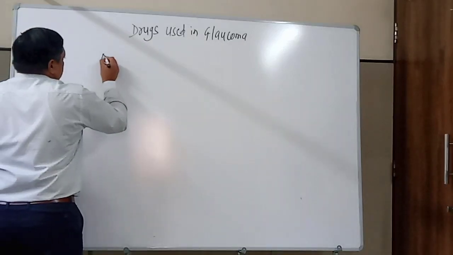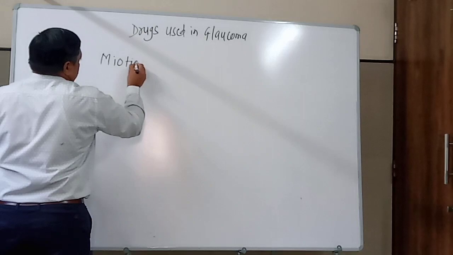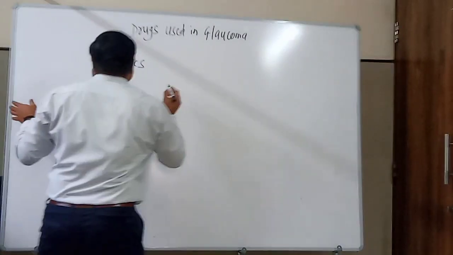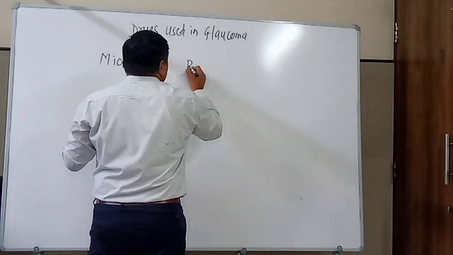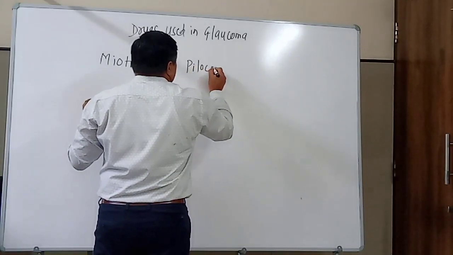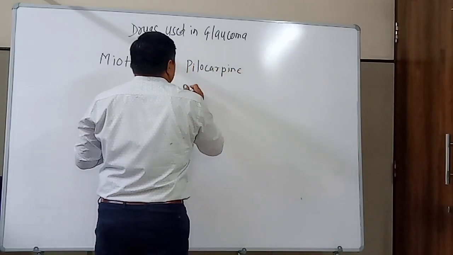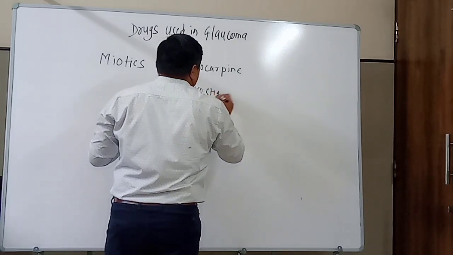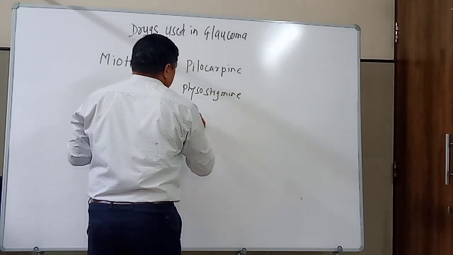Next group is miotics. Drugs are pilocarpine, physostigmine, and echothiophate.